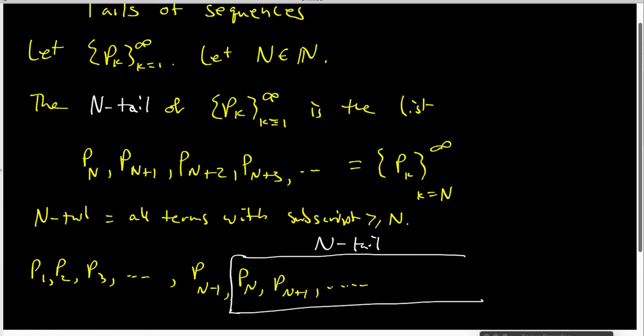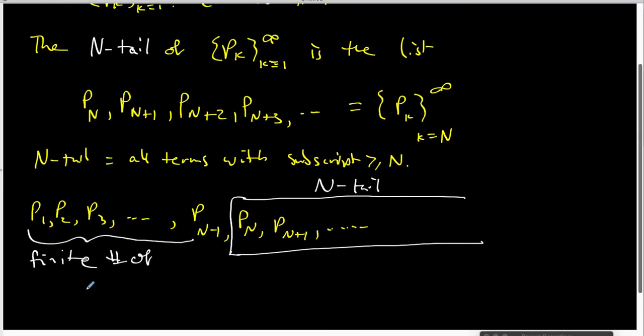It is also important to realize that for any N tail, there are a finite number of terms that are not in the N tail.